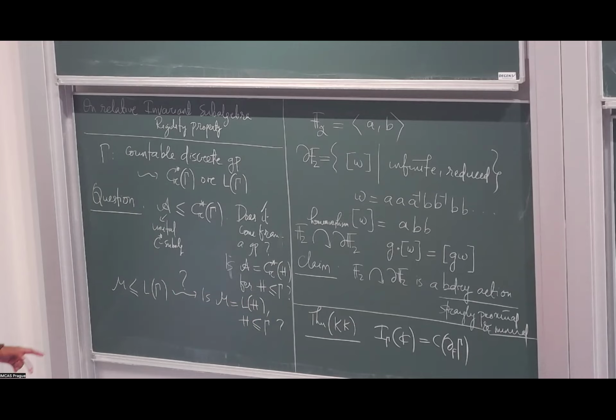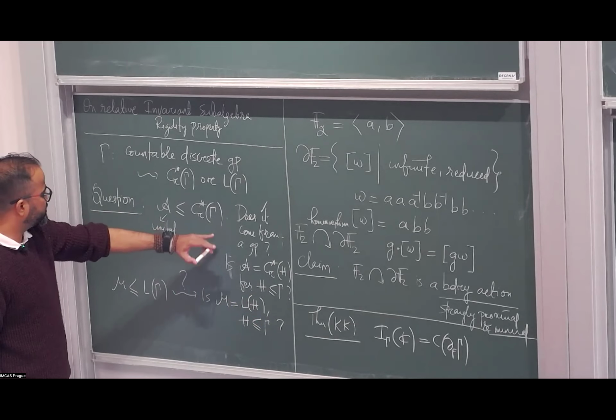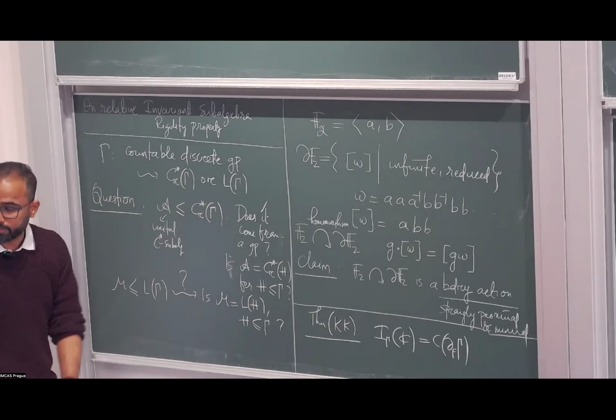So in particular, I want to understand how big the collection of subgroups of the group gamma is.